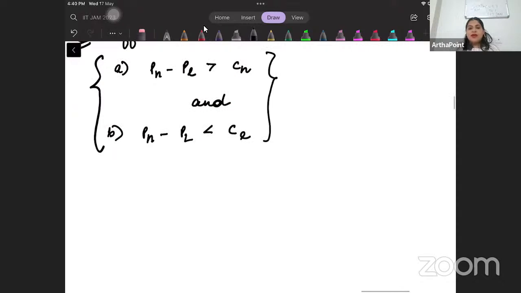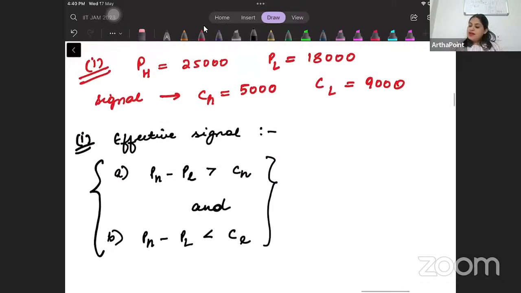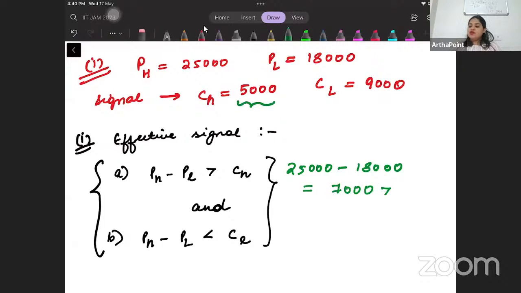अच्छा बेटा, conditions एक बारी हम देख लेते हैं whether these conditions are satisfied or not. If I look at the first part, PH minus PL, ये हो गया हमारा 25,000 minus 18,000, and the gap between the two is 7,000, which is clearly greater than CH, 5,000. So this condition is satisfied.